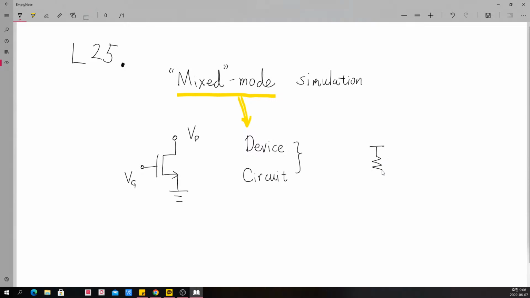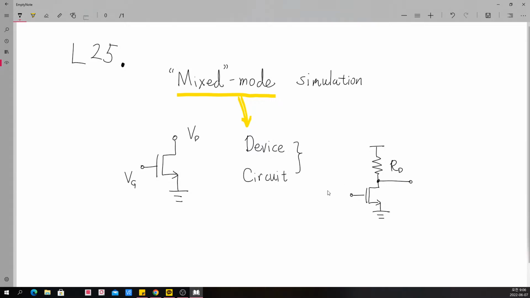For example, let me consider a simple example. Let's say that here we have a certain resistor, and here we have a transistor. You have seen it in your previous courses like microelectronics.